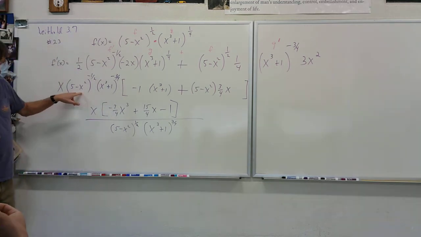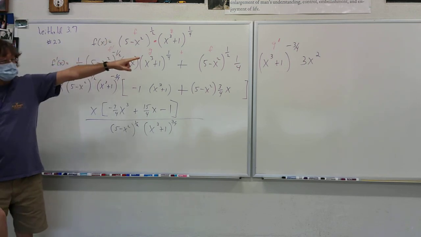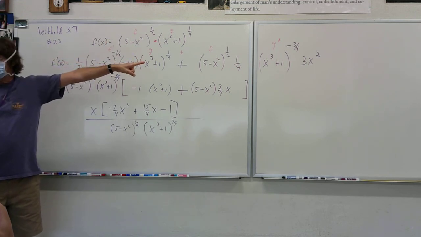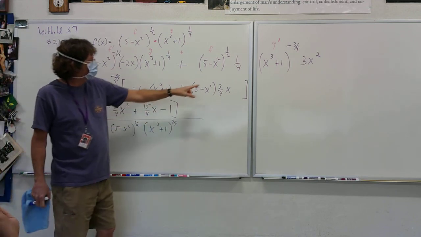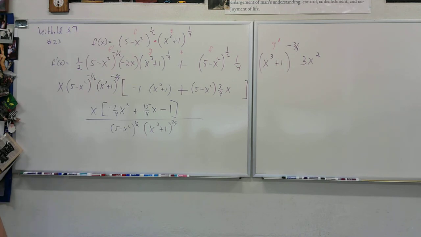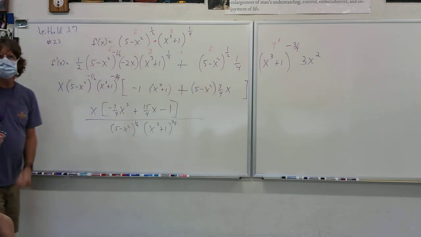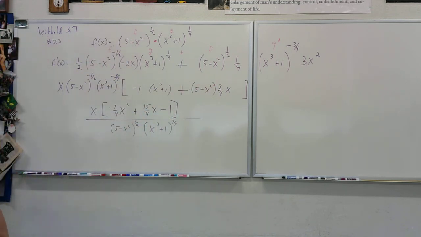When you took the 5 minus x squared out to the power of negative 1/2, because negative 1/2 is smaller than the power of 1/2, it made this one become a 1, because 1/2 minus negative 1/2. When you're factoring out, you're subtracting the exponents. So 1/2 minus negative 1/2 gave you the 1. And if you do it right, all these big sets of parentheses should have powers of 1. That makes it easy to collect like terms.